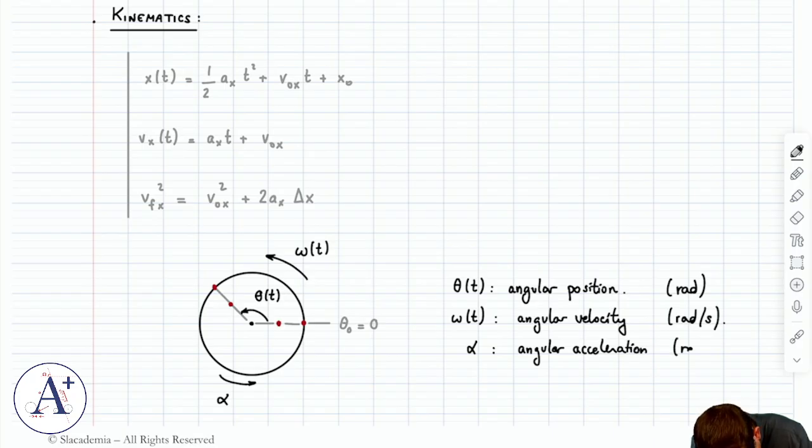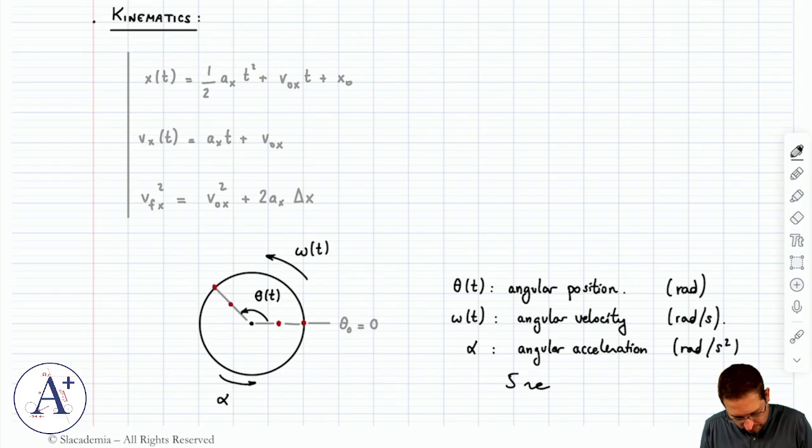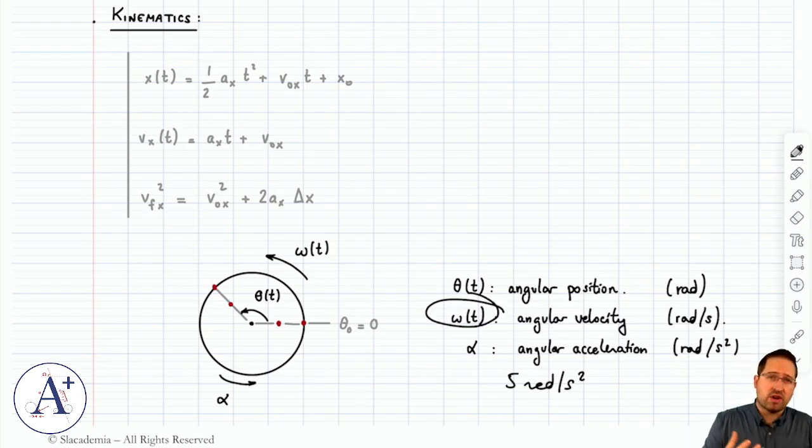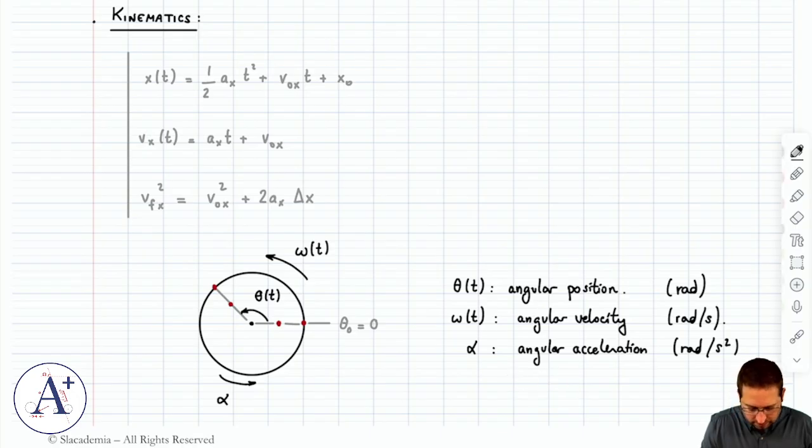That's going to be in radians per second squared, and it will tell you by what amount omega changes every second. So if you have 5 radians per second squared, you're saying that every second omega increases by 5 radians per second. That's what acceleration represents.